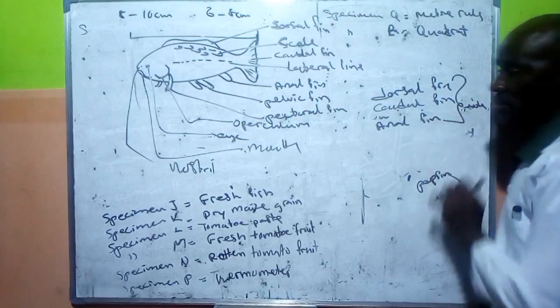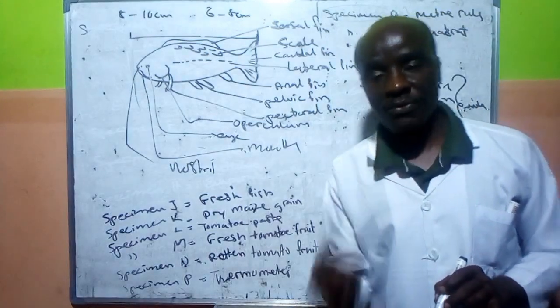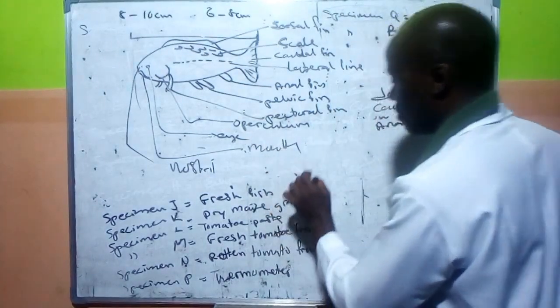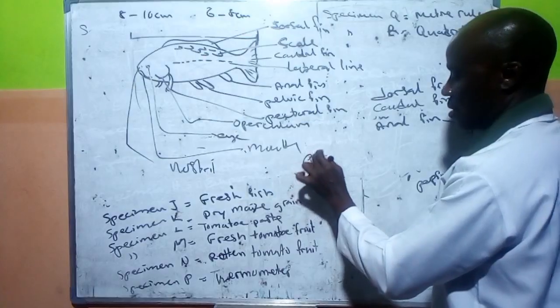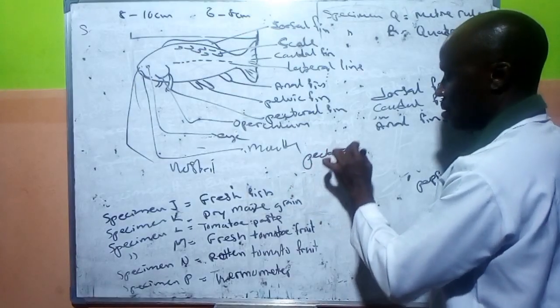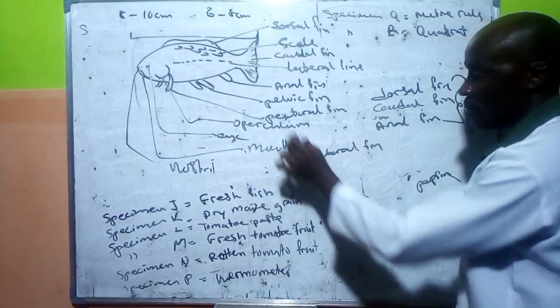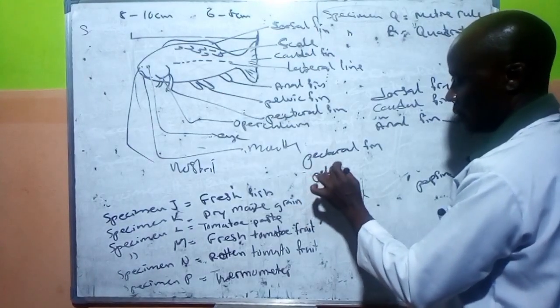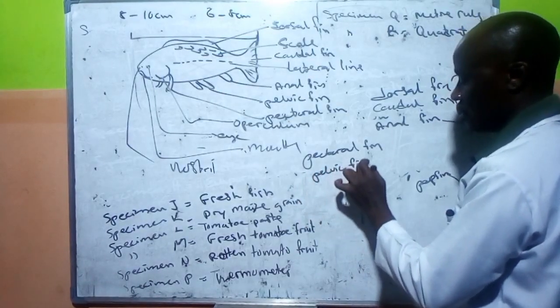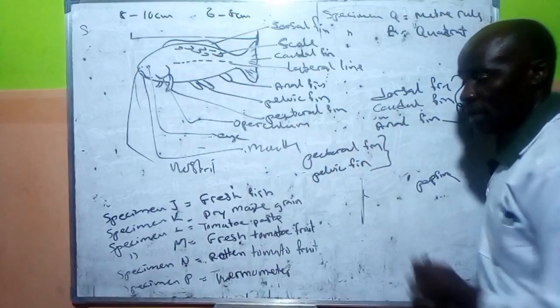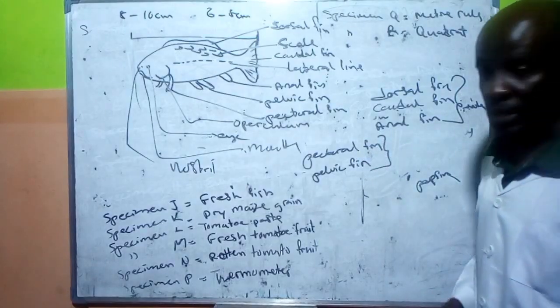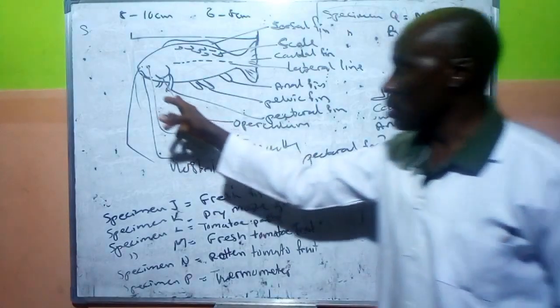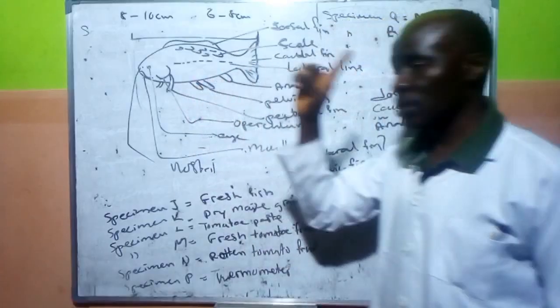Notice they are unpaired. Now they have two paired fins. One of them that is paired is the pectoral fin, and the other one is the pelvic fin. These are the ones that are paired. There are two here and there, but this one is single.